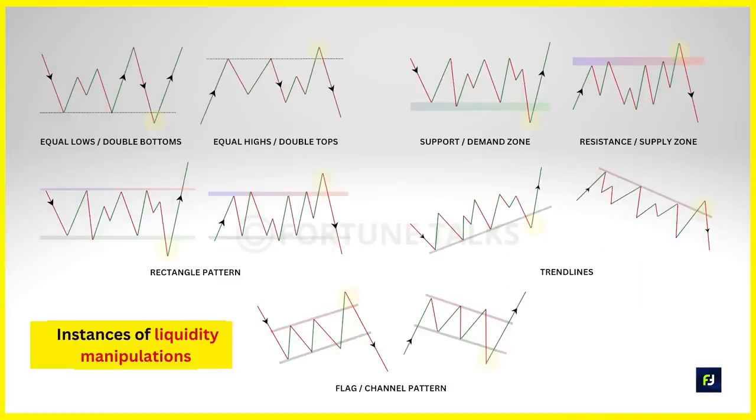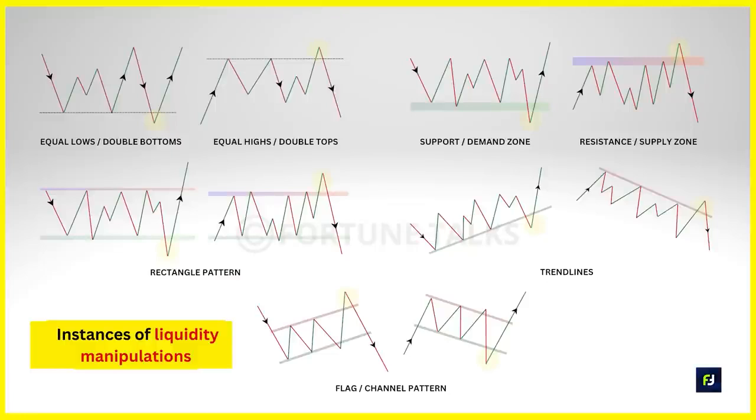In addition to this, if you have watched my videos on liquidity, that is both major and minor liquidity, and if you have done analysis on the charts, then you might have come across innumerable situations of liquidity manipulations taking place in different locations and in different scenarios. These liquidity manipulations could be near equal highs and equal lows, near supports and resistances, during consolidation breakouts, trendline breakouts, during pattern formations, and so on.